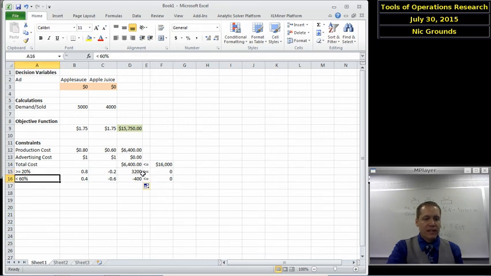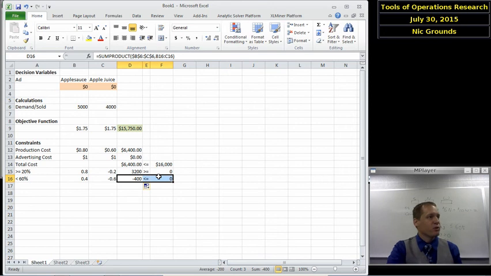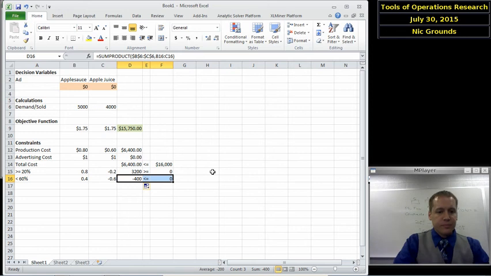However, we violated the less than or equal to 60% constraint, meaning we're obviously making more than 60% applesauce, right? Makes sense? Okay. All right. Any questions about any of that?